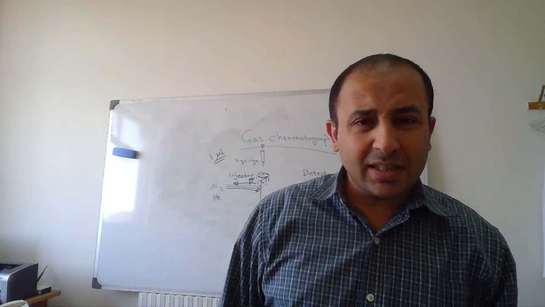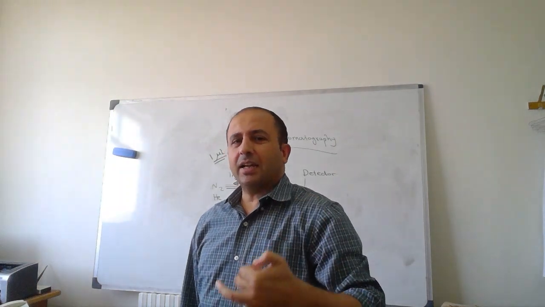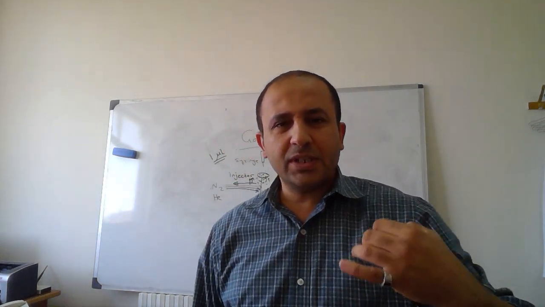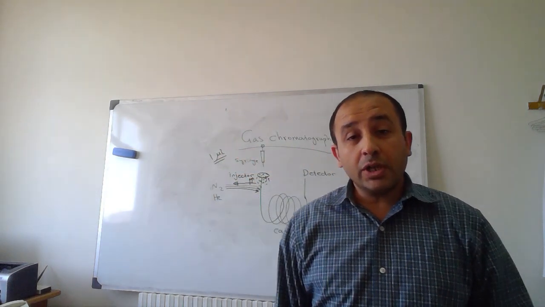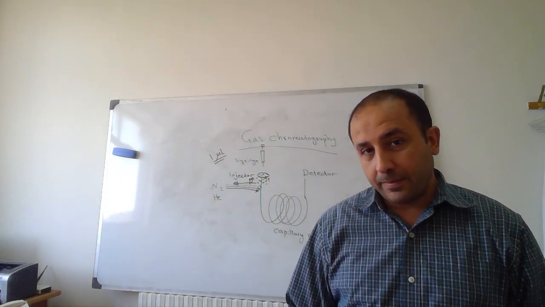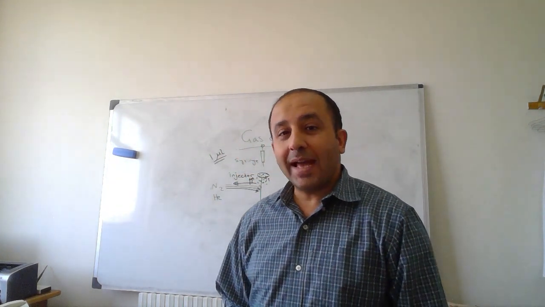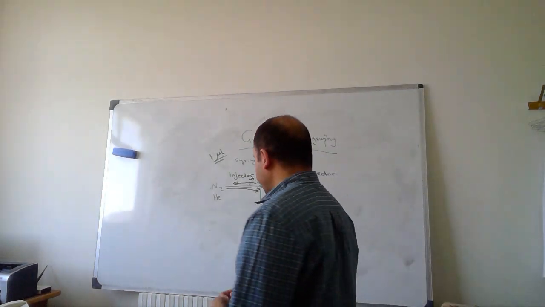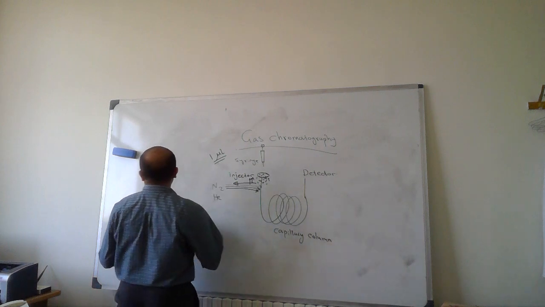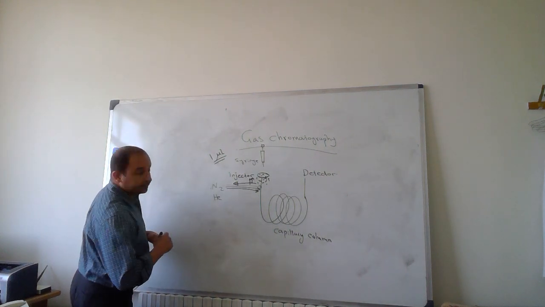So you cannot guarantee that you inject exactly 1 microliter, because it is a very minute quantity. Now, in order to overcome the problem, we have to add something we call an internal standard.